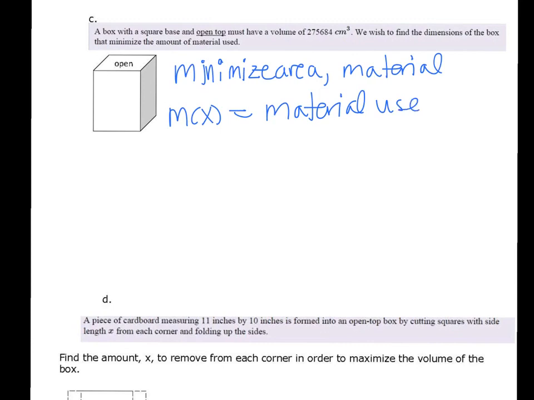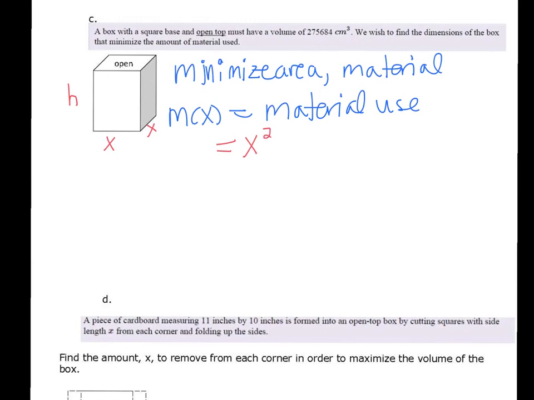Well, we don't know what the dimensions of this box are, so let's start giving it some. It's a square base, so the two bottom dimensions are the same, x and x, to give it a square base. And then the height is going to be h, it's some other number, because it's not a cube, or at least we don't know if it's a cube, so h and x are not necessarily the same. For the material used then, the square base will give us x squared.